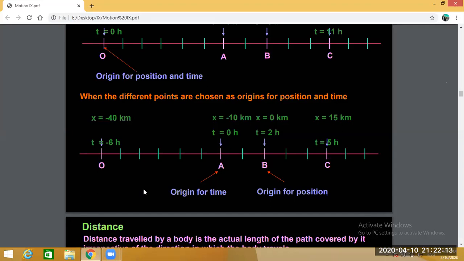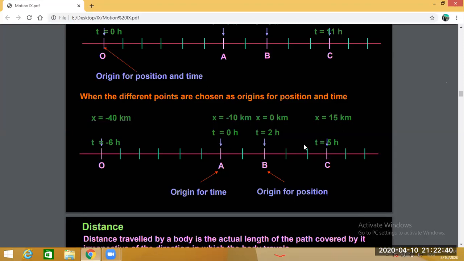So in this case, the origin for time is at A and the origin for position is at B. Then when we come to point C, the time taken will be 5 hours and the distance traveled equal to 15 kilometers.